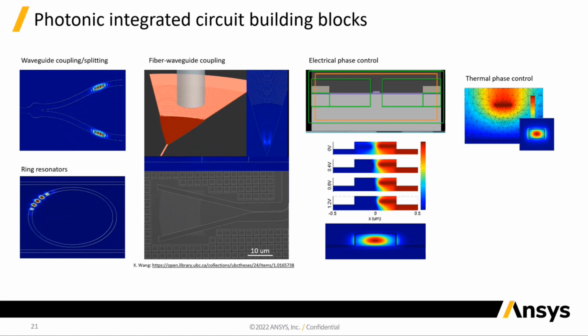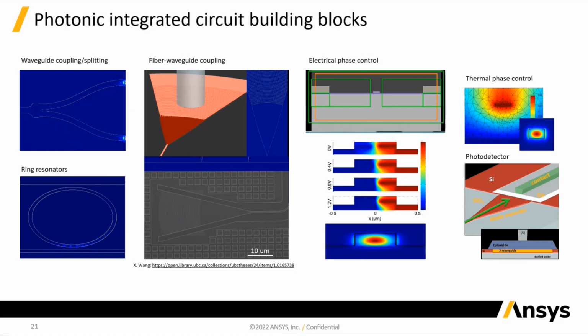Basically, we will build the waveguide and the ring resonator, and also, as just mentioned, the modulator. Here are some examples of the charge simulation and the mode simulation inside CHARGE and FDE, and also the photodetector.